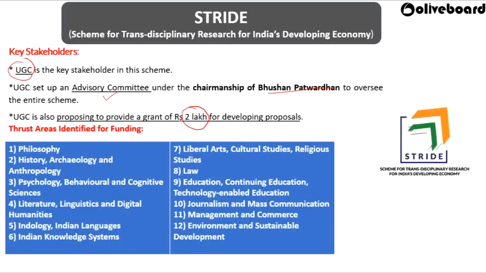That is STRIDE. So which are the thrust areas which we are mainly focusing on? The thrust areas are philosophy, history, archaeology and anthropology, psychology, behavior and cognitive science, literature, linguistics and digital humanities, Indology, Indian knowledge system, liberal arts, cultural studies, religious studies, law, education, continuing education, technology enabled education, journalism and mass communications, management and commerce, environment and social development.